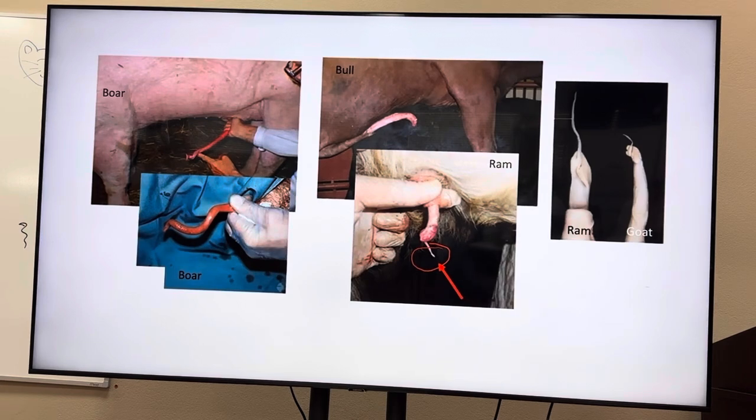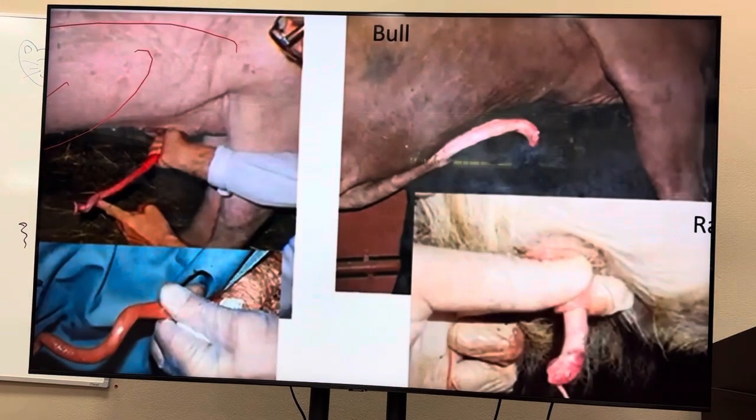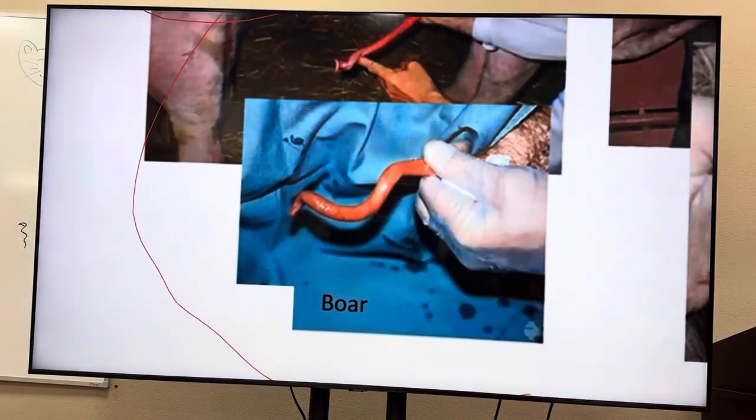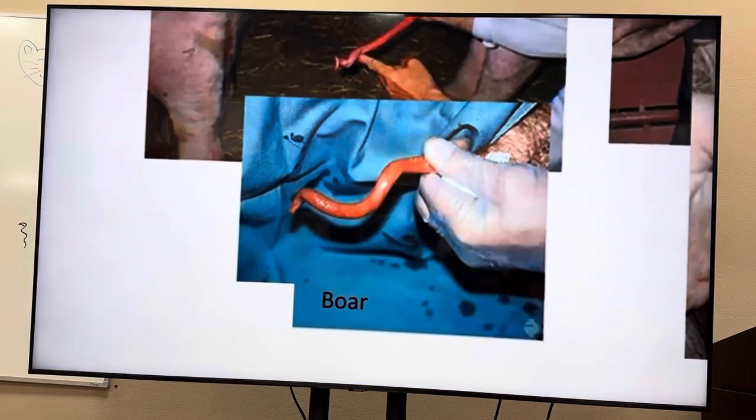So this is a spiral shaped glans penis in boar.